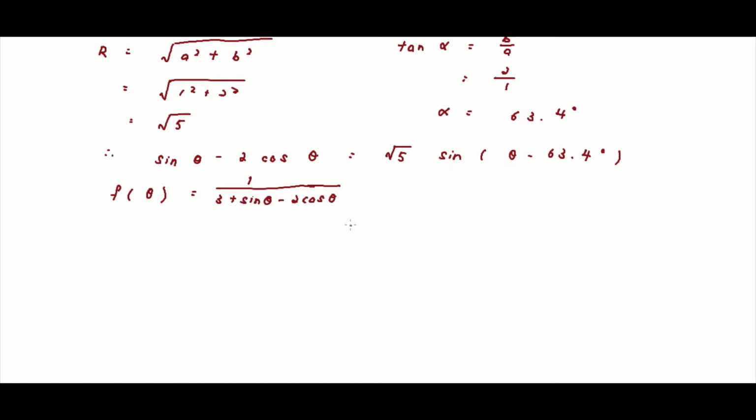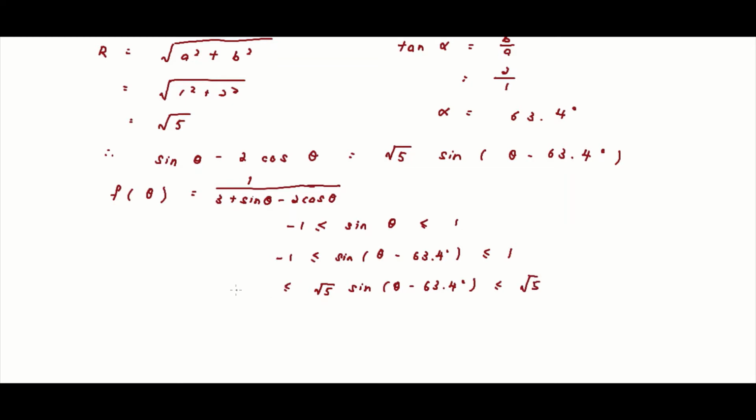If you are not familiar yet, you can start with sine theta being between 1 and -1. Then sine(theta minus 63.4) is still between 1 and -1. Then when you times with square root 5, you get square root 5 and negative square root 5.